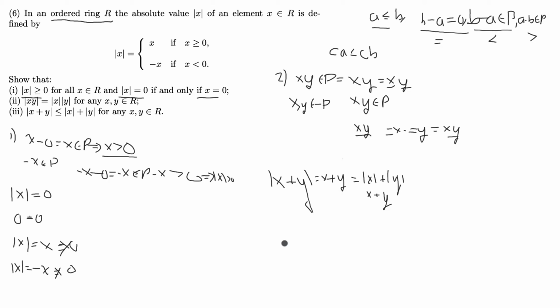Next, if they're both negative, we're going to have minus x minus y for some elements z and w. This is going to equal the negative of minus x minus y, which is just going to equal x plus y by distribution. And then we see this is clearly equal to the absolute value of minus x plus the absolute value of minus y. Noting that in this problem we've replaced minus x and y with w and z in some sense.